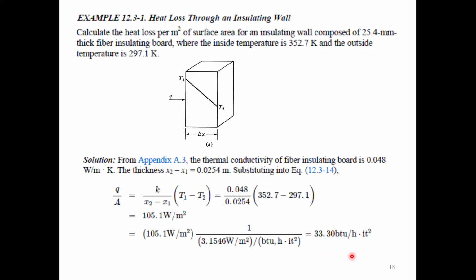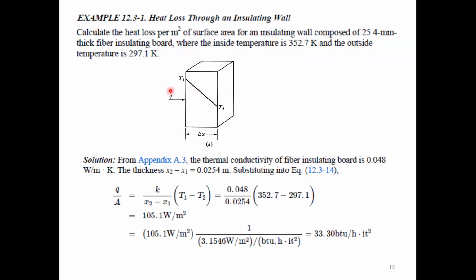Let's look at a problem and see how the equation that we just learned can be applied. Calculate the heat loss per square meter of surface area for an insulating wall composed of a 25.4 mm thick fiber insulating board. So delta x is given as 25.4 mm, where the inside temperature is 352.7. We are asked to look at the heat loss.